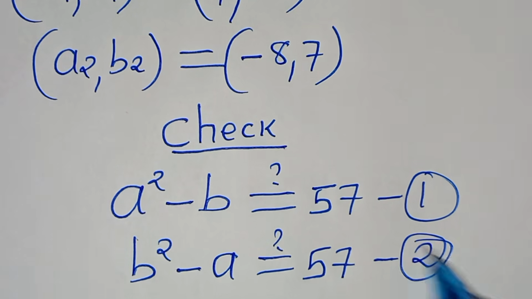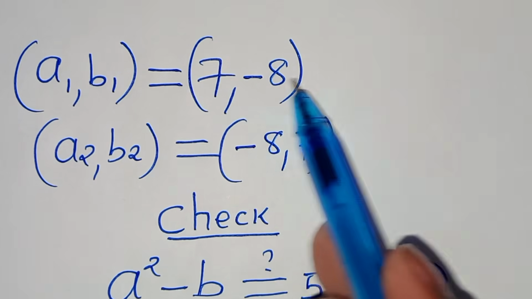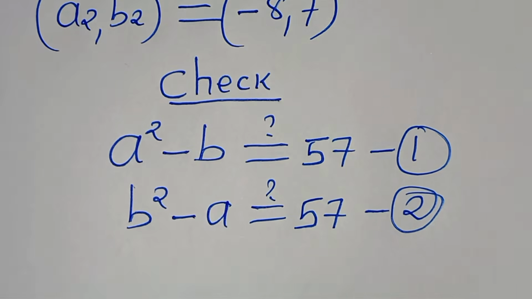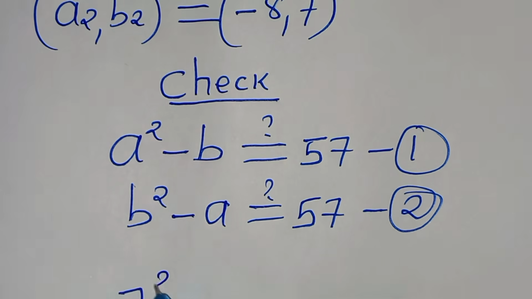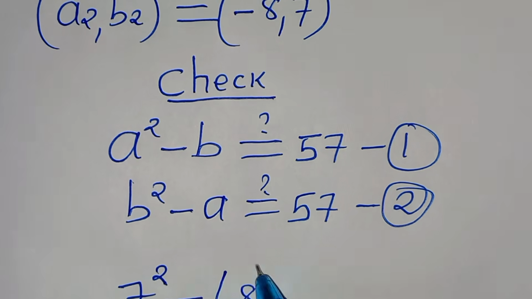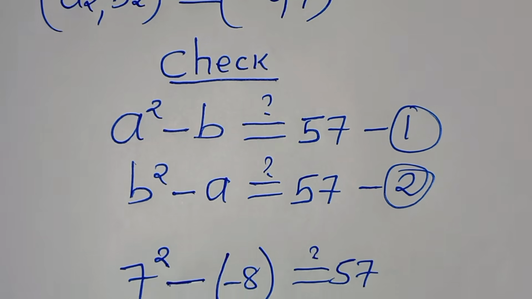Now we can verify A1, B1, the first set of solution, using equation 1. So we have 7 squared minus B, where B is minus 8, and this is supposed to give us a value of 57.